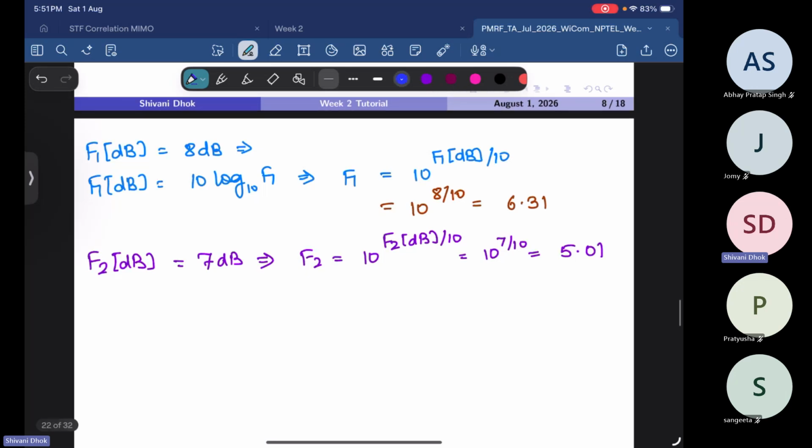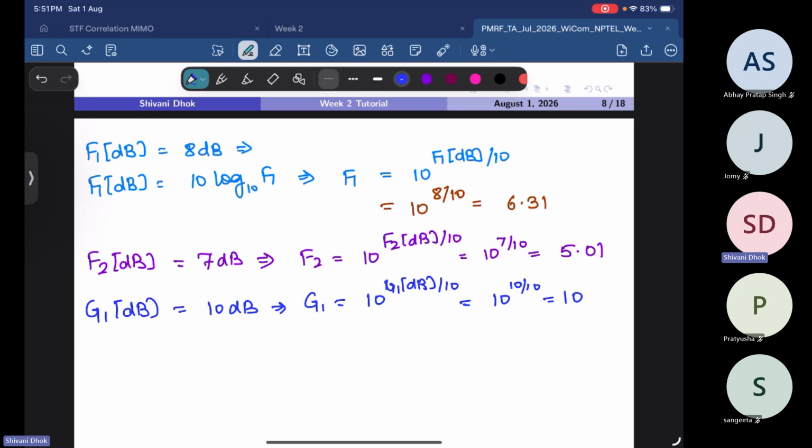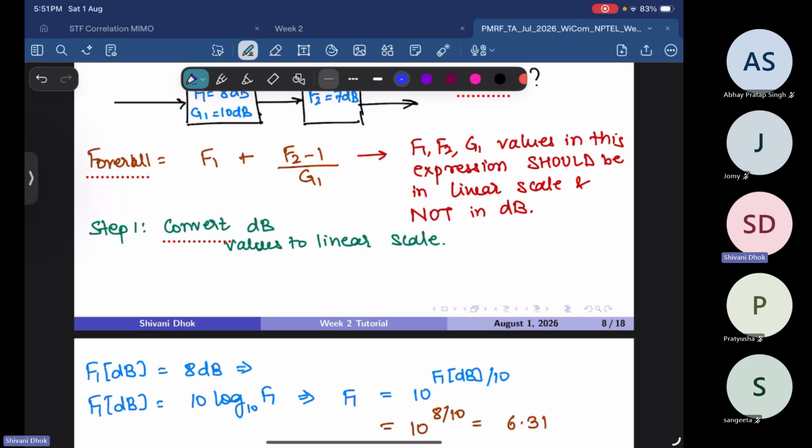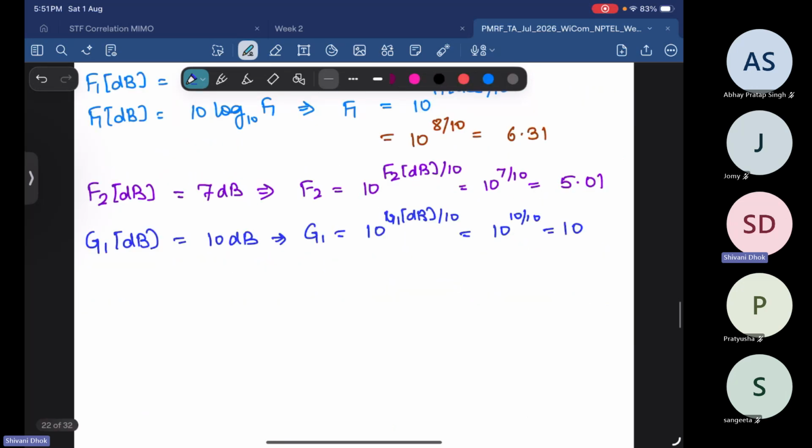And the last one was your gain G1 in dB, which was given to us as 10 dB, which means that your G1 is 10 to the power G1 in dB divided by 10, which is 10 to the power 10 by 10, which is nothing but 10. Now we are good to go, and we can substitute these linear values in your overall noise figure expression.